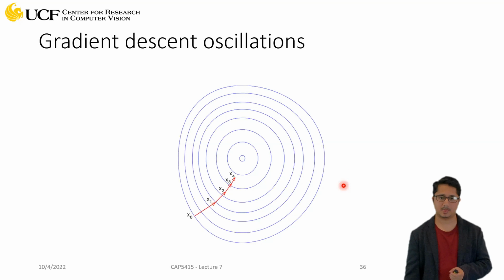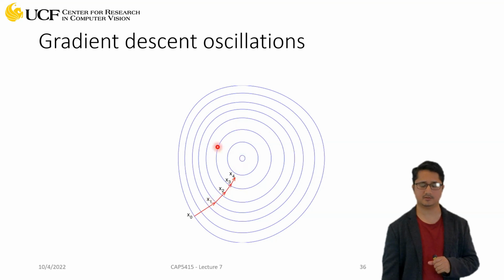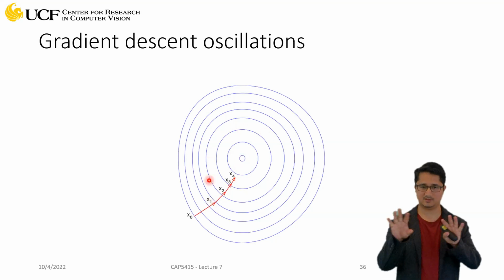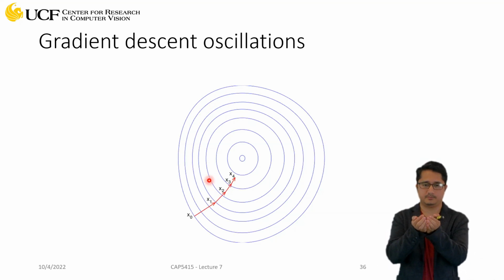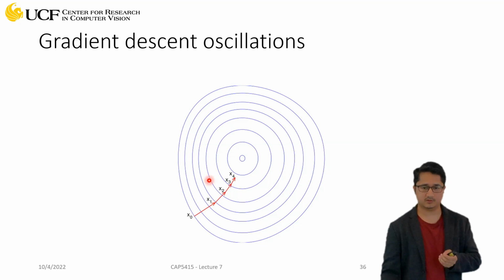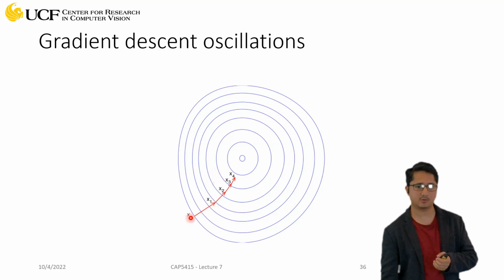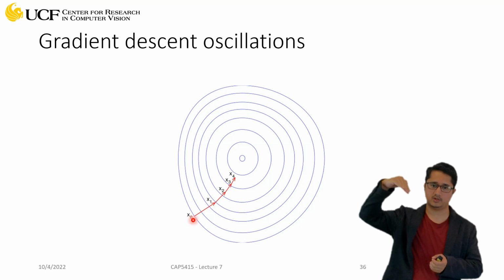If you visualize the same thing in 2D space, this is your local minima. It's not visible on the flat surface, but think of this as a bowl, a curve in two dimensions. This is a high point where your loss is high, and as you move towards the center, you're going down.